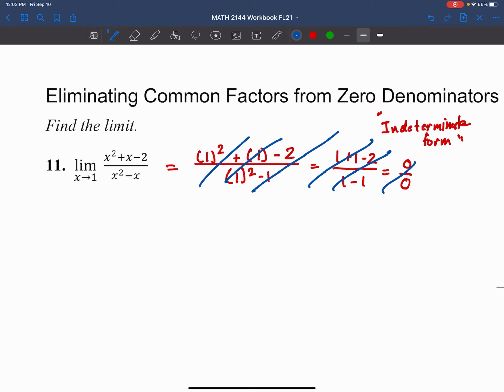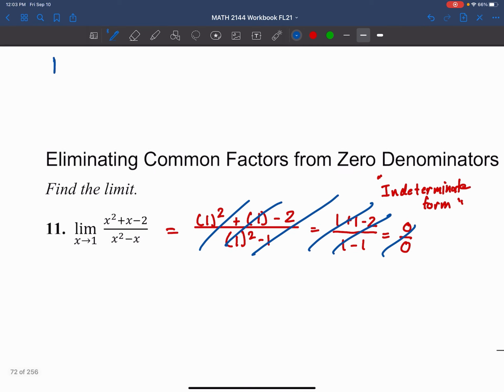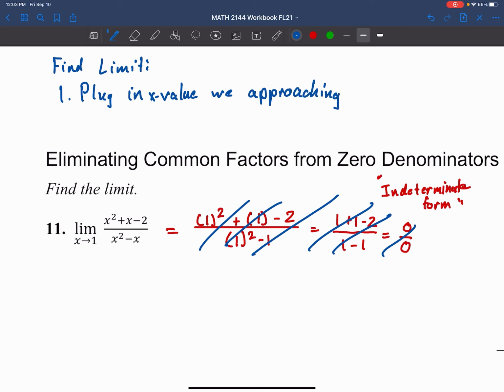But what it did tell us is that there's a common factor. So step 1, up here, find the limit. The step 1 you'll always want to try to do is just plug in the value we are approaching. And let me be more specific, the x value we are approaching. But whenever you get 0 over 0, it's because there was a common factor.